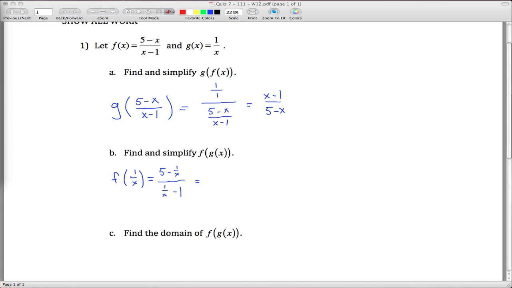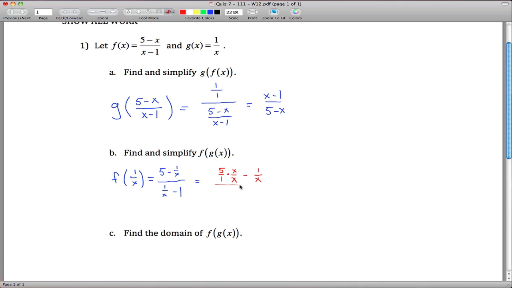Let's see, maybe I'll throw another color in here. Let's think about this as 5 over 1 times x over x minus 1 over x, divided by 1 over x minus x over x.